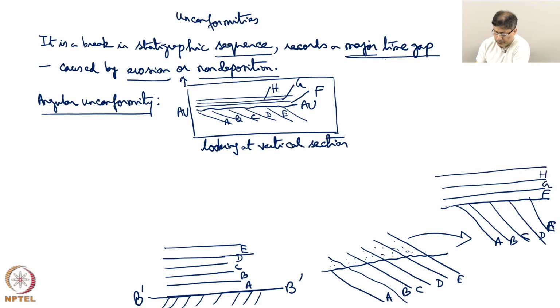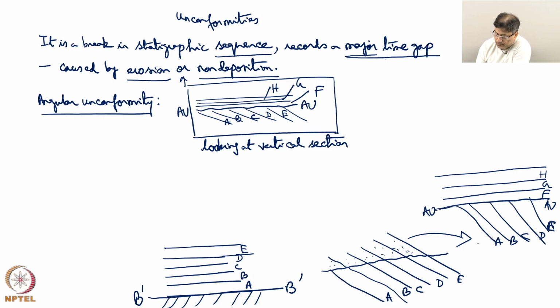So, in this way a geological event is deciphered. I repeat, there was deposition of layer A, then B, C, D, E, they got tilted and then erosion happened and this defines the angular unconformity. We can call this surface as an unconformity surface or also just as an unconformity. And in other words, we can also say this line, which is a plane in 3 dimension, as angular unconformity surface or simply angular unconformity.